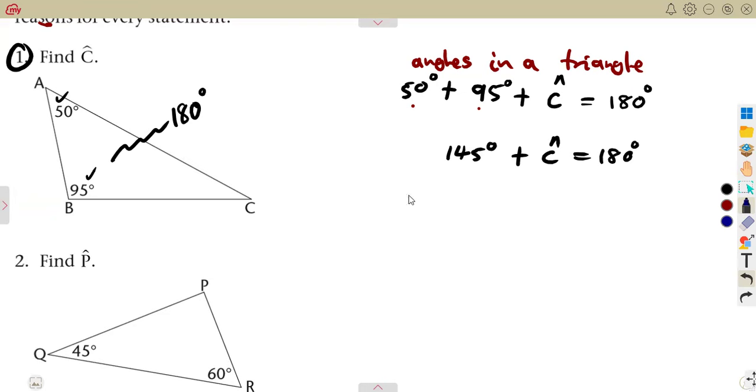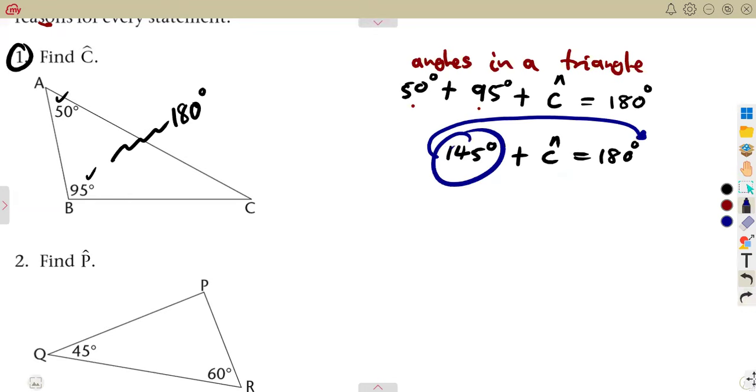Just like you are solving for x, or for any letter, you're solving for this. So we can take this 145 to the other side of the equation. It was positive on this side, so on the other side it must be subtracted.